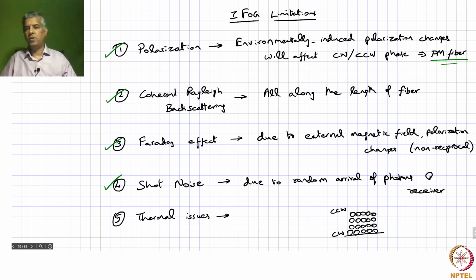So, if you have a winding like this, then you might have a temperature differential between the different layers, and that might cause issues for you. The temperature differential is a function of time, and because of that, that will introduce some errors.